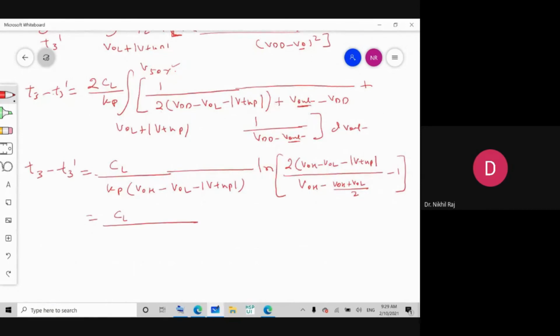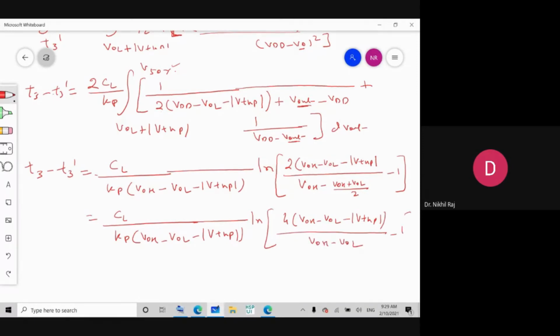CL by KP, VOH minus VOL minus mod of VTH of P, ln of 4 VOH minus VOL minus mod of VTH of P divided by VOH minus VOL minus 1.